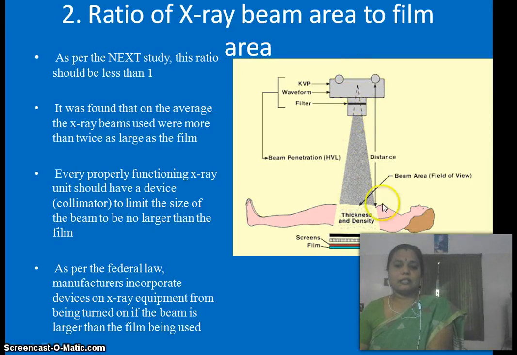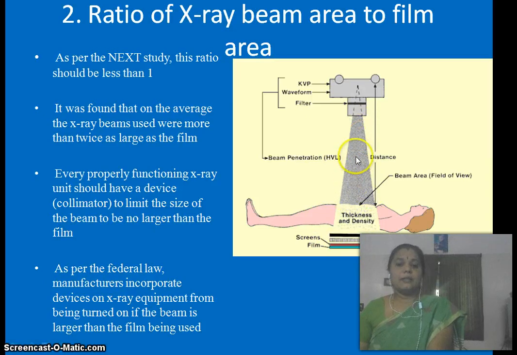So this is the beam area, that is the distance between the X-ray source and the film, and this beam area should always be smaller than the film. So when we take the ratio of the X-ray beam area to the film area, it will always be less than 1, meaning the film will be much larger than the beam area.